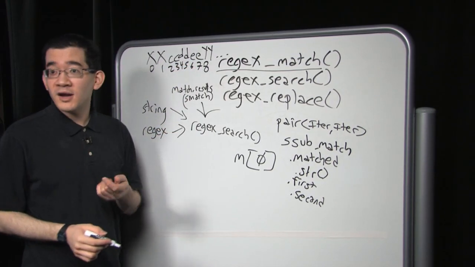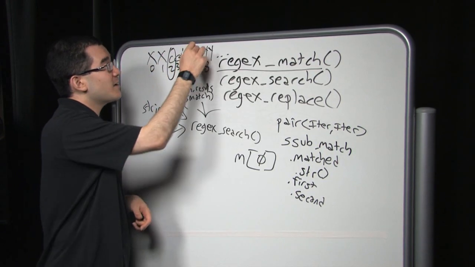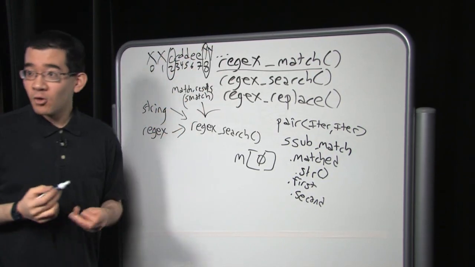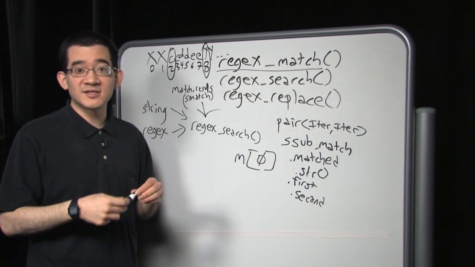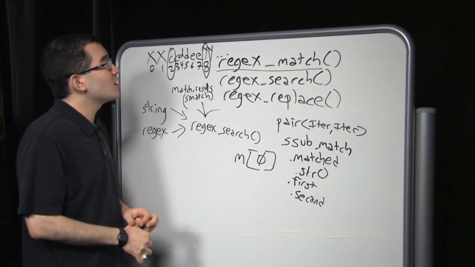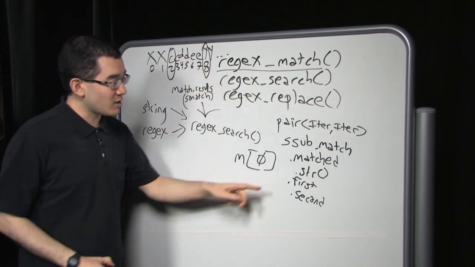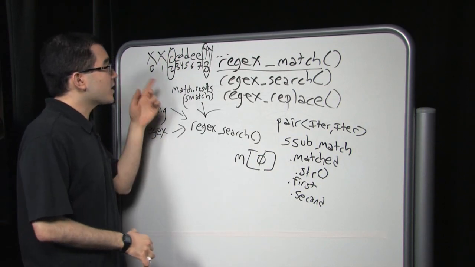So I printed out 2 and 8, meaning that, hey, this is where the match began, and this is where the match ends. Of course, regex is using the STL's inclusive, exclusive bounds as usual. So that's why I get this range. So then I can look at that string by doing .str, or I can work on it in place.